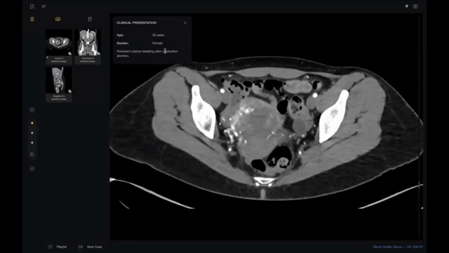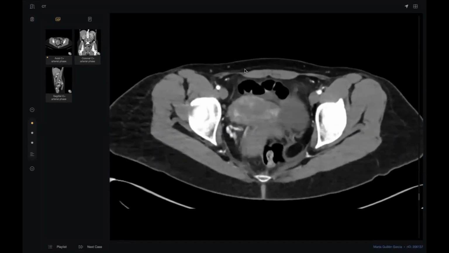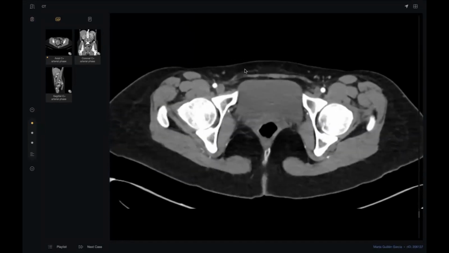This is a 30-year-old female patient presented with persistent uterine bleeding after medication abortion. So I'm provided with multiple axial sections, CT scan post contrast, of a female presenting with vaginal bleeding post abortion.